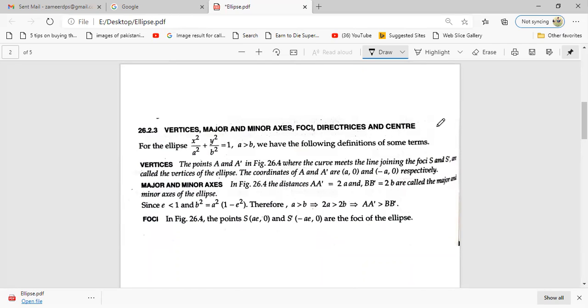Vertices, major axis and minor axis we have seen in the figure. Now the equation for this ellipse will be x square upon A square plus y square upon B square is equal to 1.